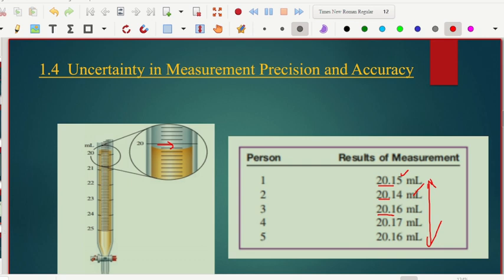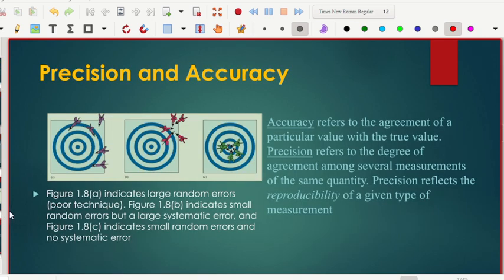Then when it comes to accuracy and precision, look at these diagrams. Like this first diagram, your target is to hit this, but you're hitting that side, that side, that side. The numbers here are not following each other. When you're taking readings, they are not consecutive. You find it 2, 5, 10, but that's it. But for this one, the numbers are consecutive, but they are not hitting the target.